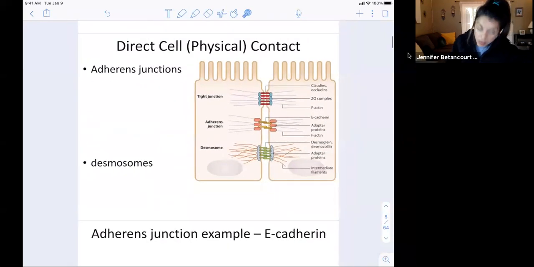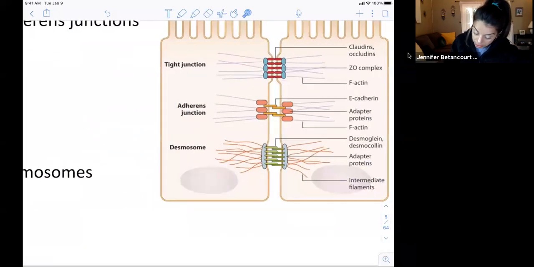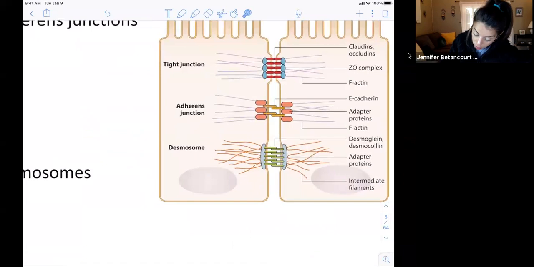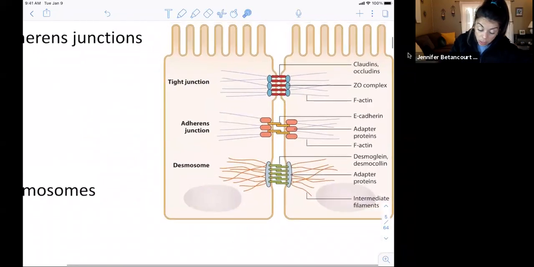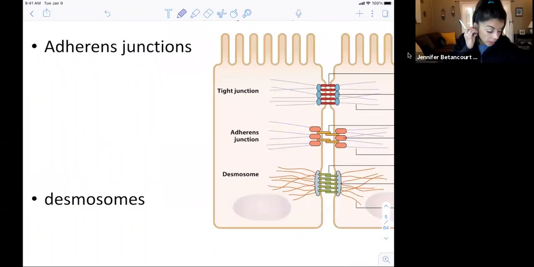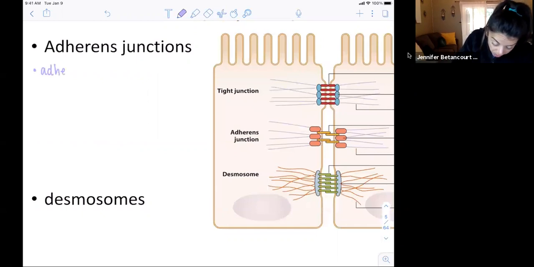All right, the next type is our adherens junctions and our desmosomes. That's shown here as well in this cartoon, and you can see some similarities. I'll start with the function of the adherens junctions. One of the functions is adhesion. But this also plays a role in some communication.